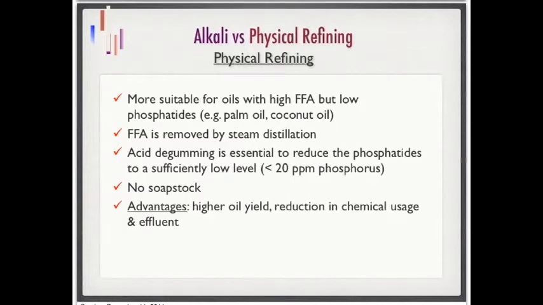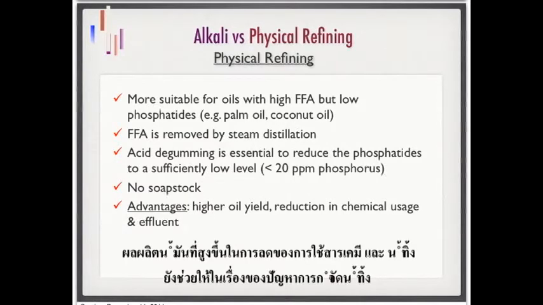So in general, we can say there are some advantages of physical refining. We can get a higher oil yield, and we can get a reduction in chemical usage, and also less problem in the waste treatment.